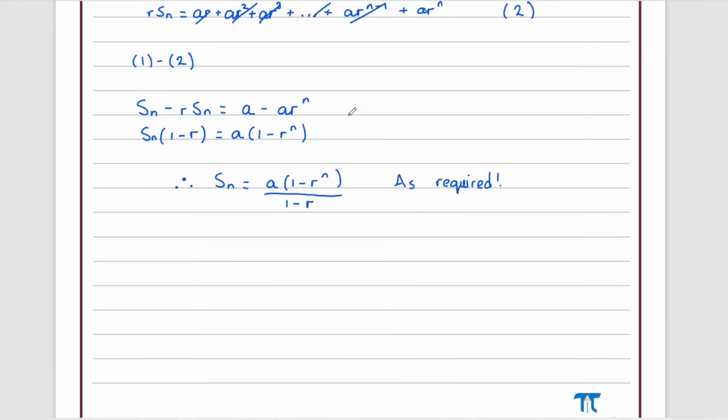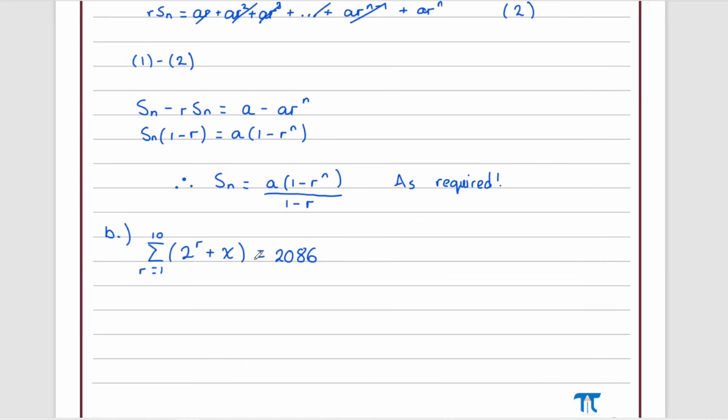So let's go down a little bit here. For B then, we've got the series from r equals 1 to 10 of 2 to the power of r plus x, and this is equal to 2086. Like we've already said, the 2 to the power of r part on its own will form a geometric series. Now, x here will just be a constant.